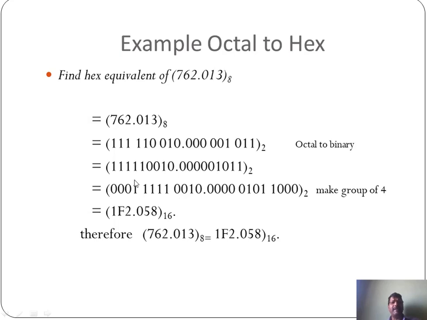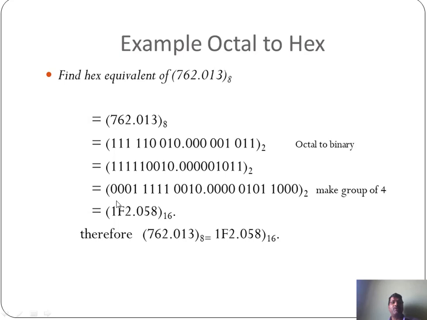If there is a requirement of zeros, you add zeros to the extreme left and add zeros if required to the extreme right. So here 3 zeros are required and here also 3 zeros are required. So now we have 3 digits for integer part and 3 digits for fractional part.